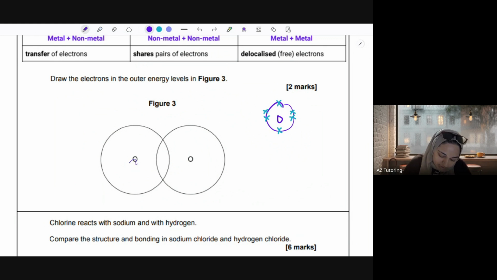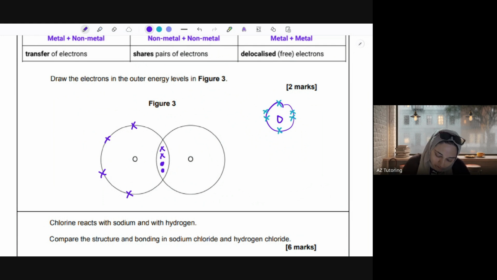So this oxygen has 6, but it needs 2 more. So it's going to get 2 from the right-hand side. Likewise, the right-hand side has 6 and it needs 2 more, so it's going to share 2 from the left. Let's just draw in all the remaining crosses and dots. We've drawn 2 crosses, so we've got 1, 2, 3, 4 left. So remember 6 crosses altogether.